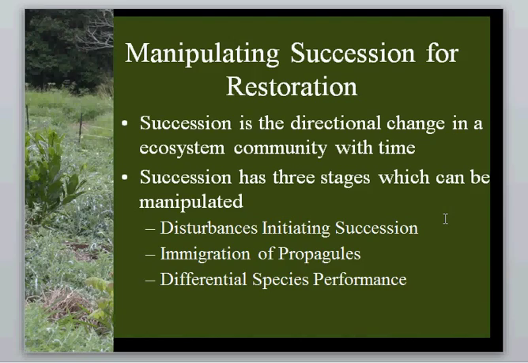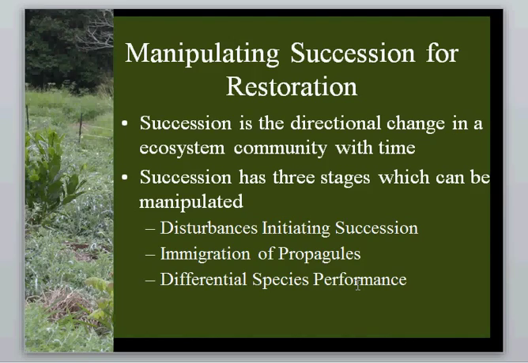And finally, we can make the different species which are introduced into the ecosystem differently performing. We can favor some species over other species by doing things like fertilizing them, irrigating them, or putting plastic around them to create a nice humid microclimate so that they don't desiccate in the dry season.